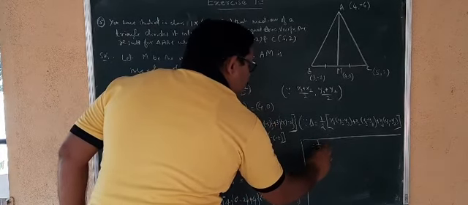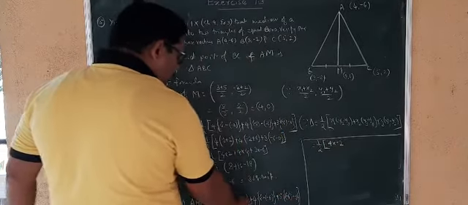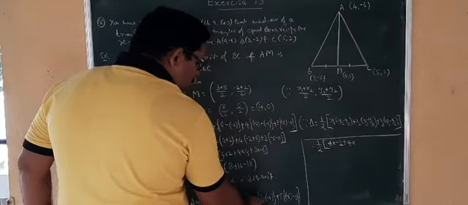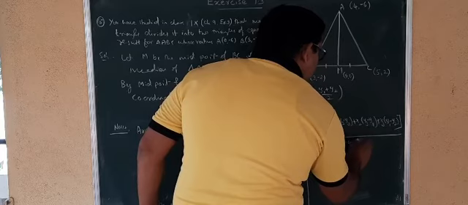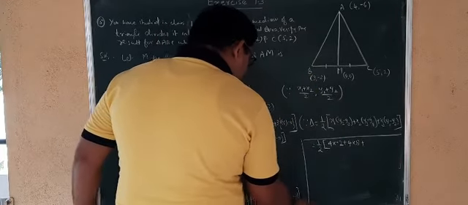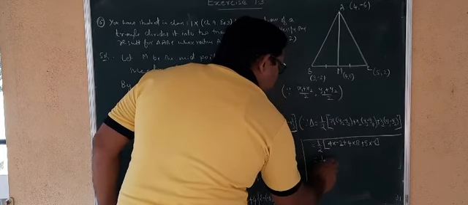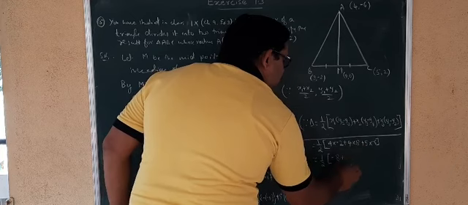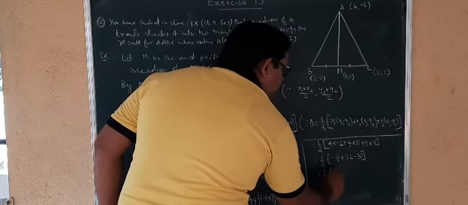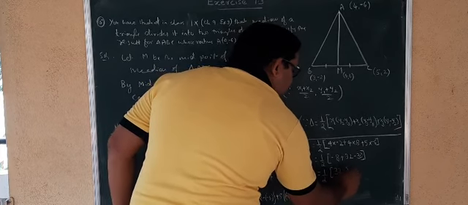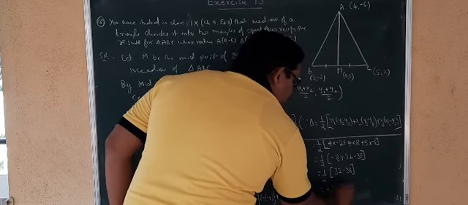Which is equal to half into 4 into minus 2 plus 4 into (2 plus 6), that is 8, plus 5 into minus 6, which is equal to half into minus 8 plus 32 minus 30, which is equal to half into 32 minus 38, which is half into minus 6, which is equal to minus 3.